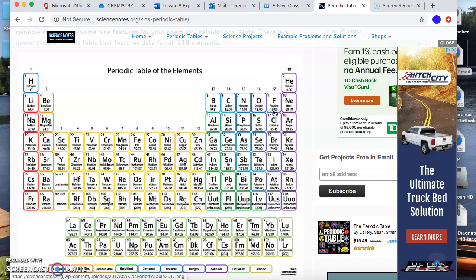That also makes it very reactive, and I'll explain why in a little bit. And our noble gases, which aren't reactive at all, they have a full outer orbit. Helium has 2 out of 2 in its outer orbit. Neon, argon, krypton, they all have a full 8 out of 8 in its outer orbit. Actually, krypton has a full 18 out of 18, I believe. So, because the outer orbit is full, that makes it unreactive.